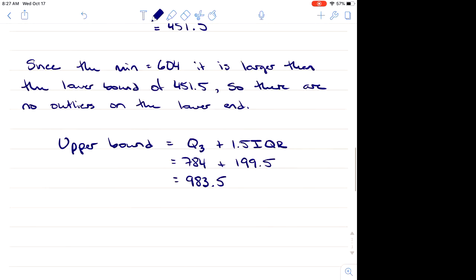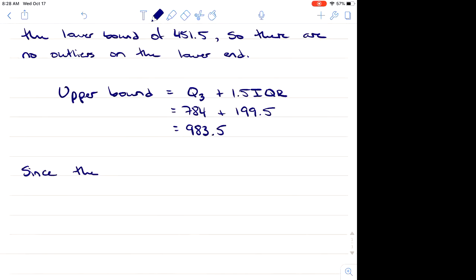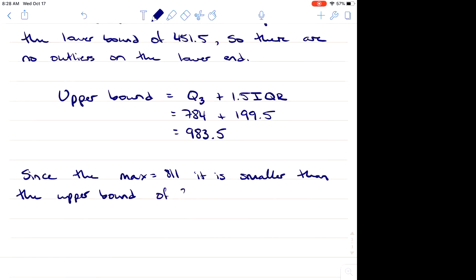So again, since the max is 811, it is smaller than the upper bound of 983.5. So there are no outliers on the upper end.